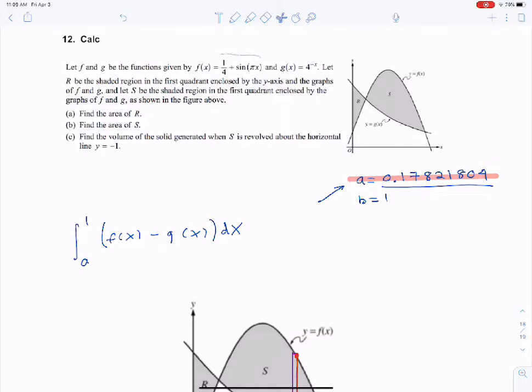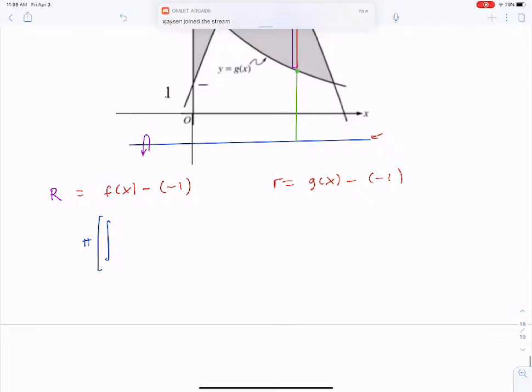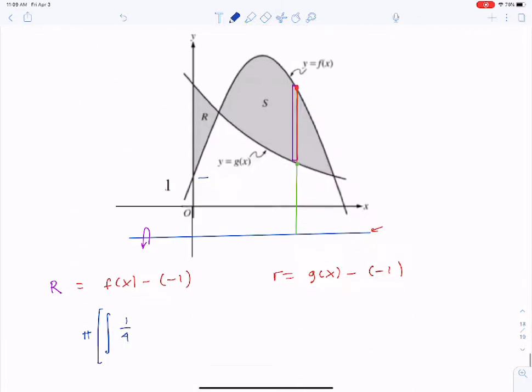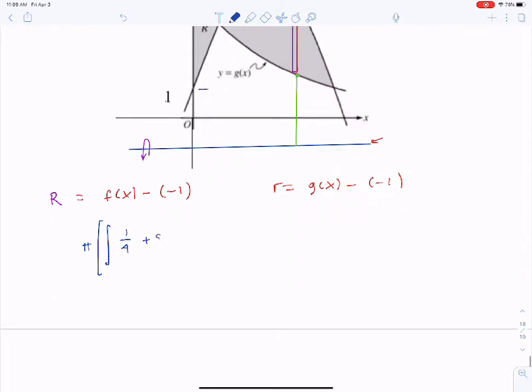I'm going to grab this because I'm going to forget it. 1/4 plus sine of pi x. And we're going to take that and we're going to square it.